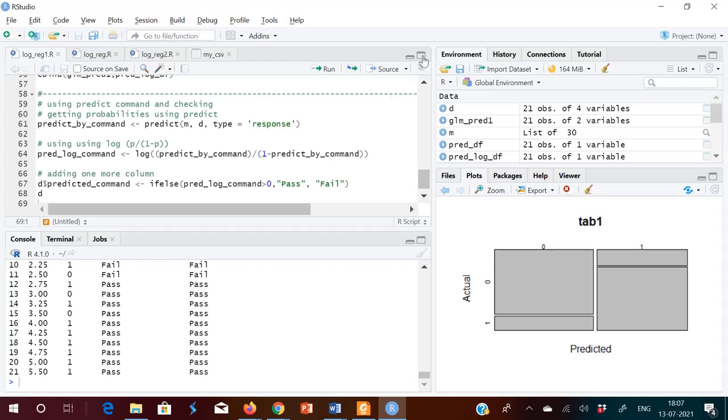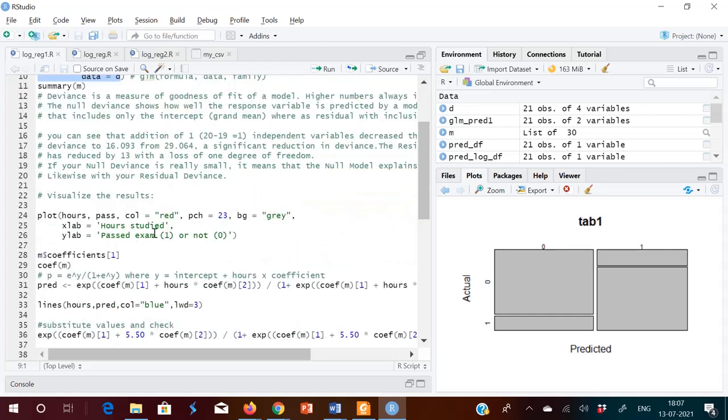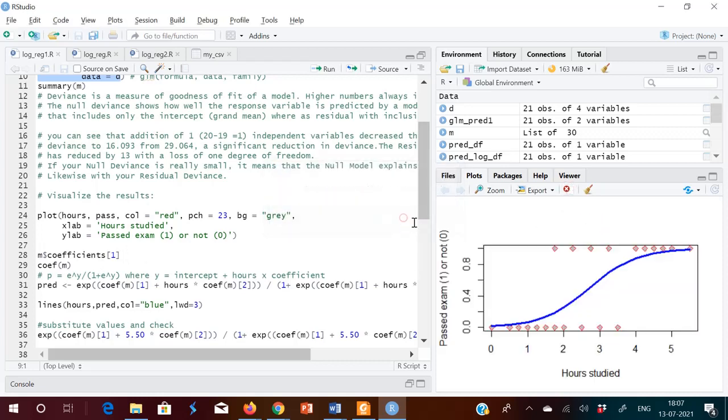I hope you understood. I'll just recap once again what we had done till now. So we made two vectors here, and then we made a data frame from those vectors, and then we made a logistic regression model using the command glm, and we saw the summary of that model, and then we plotted the graph and we plotted the probabilities also.